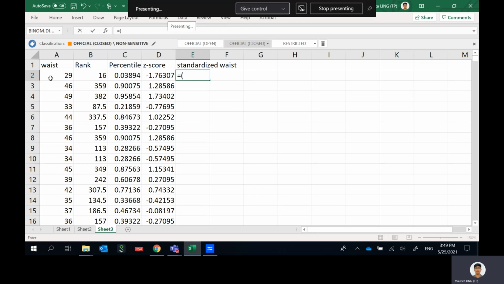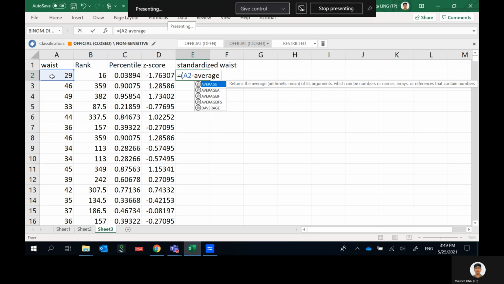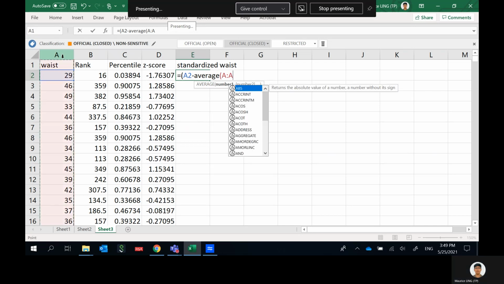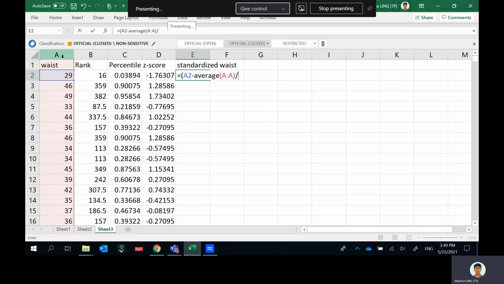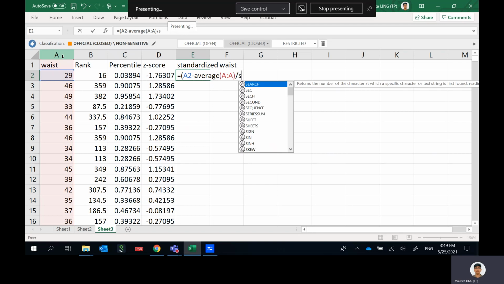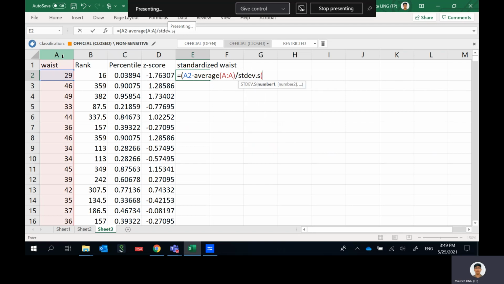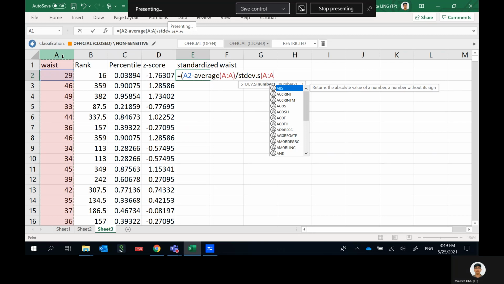You take the value minus the average of the waste itself. Individual waste minus the average of the waste. Divide by the standard deviation of the waste.